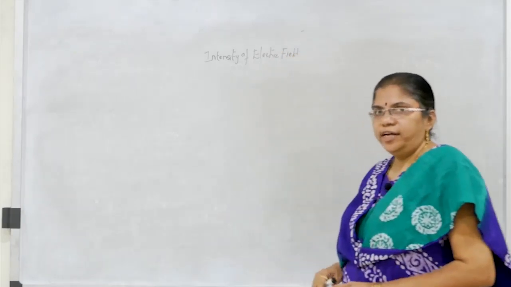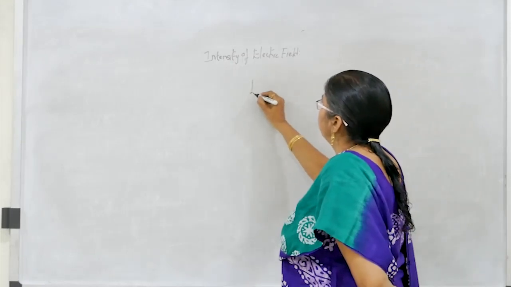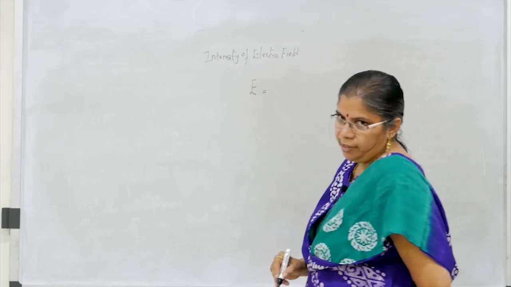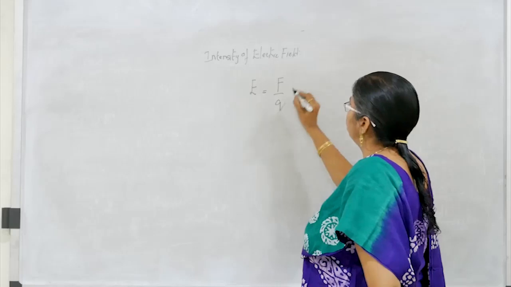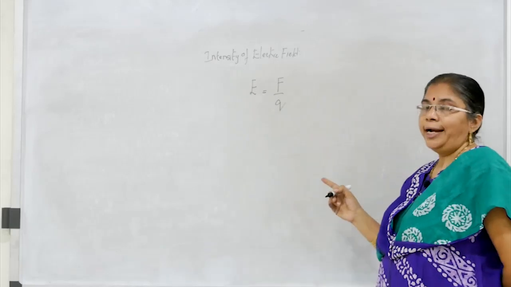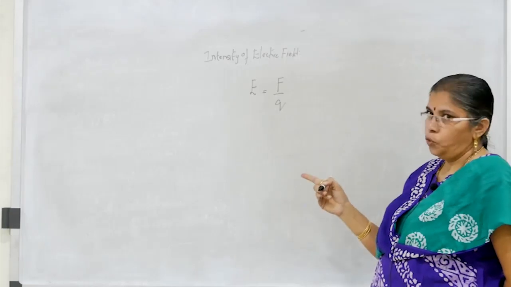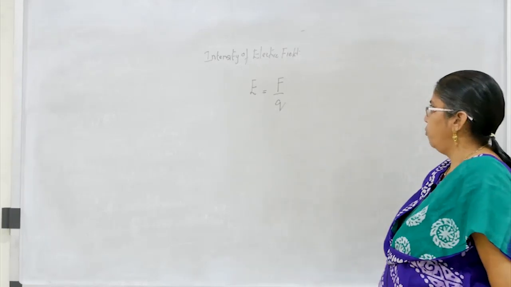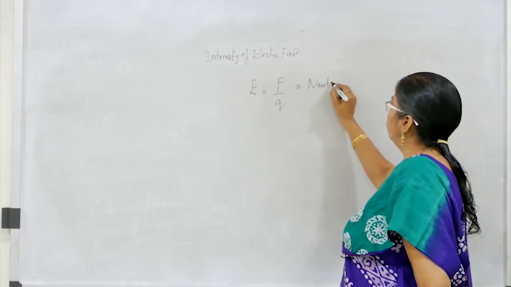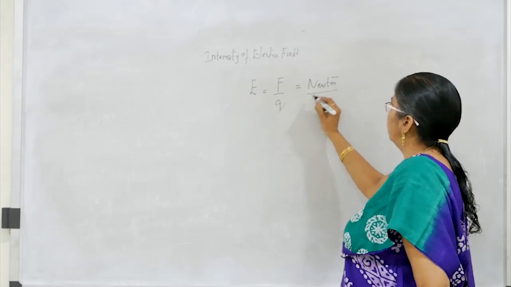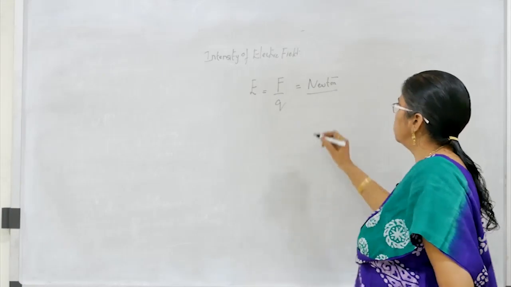So intensity of electric field is defined as E. It is given by the letter E and it is given by F by Q. So the force that is acting per unit positive charge placed at a point in the field is known as intensity of electric field, and the units are Newton per coulomb. The unit for force is newtons and the unit for charge is coulombs.